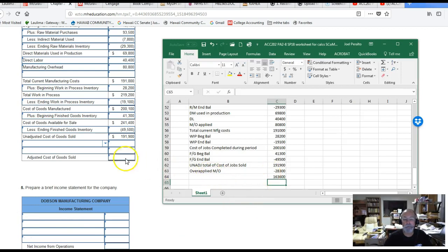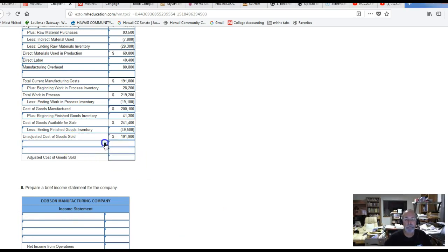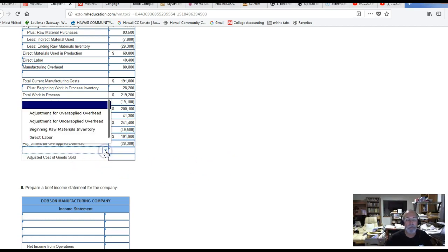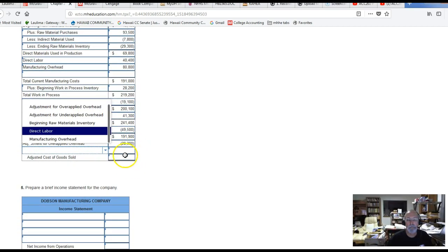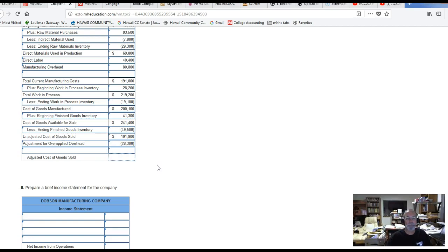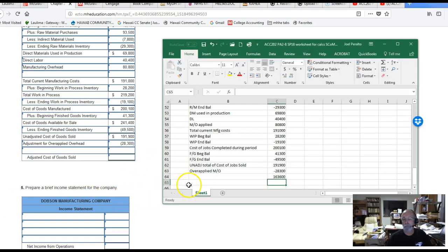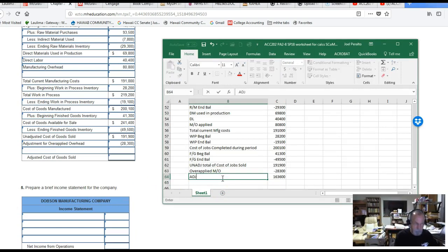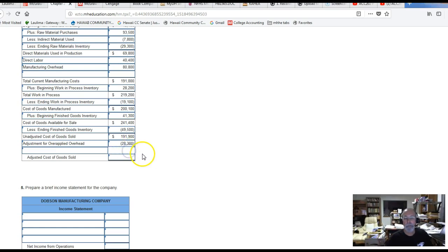And then we show the over applied overhead as a negative 28.3, and that should give us our adjusted cost of goods sold, $163.6. So that's this 191.9 minus 28.3. 163.6.